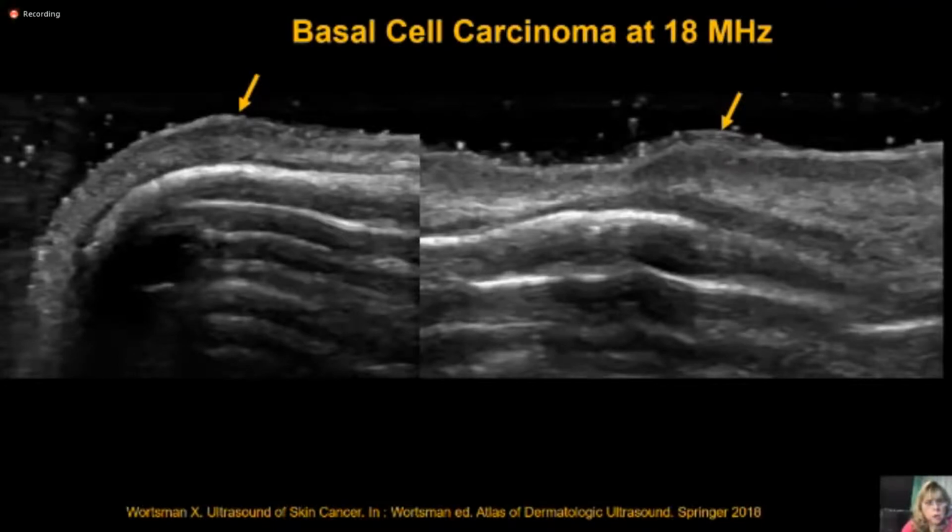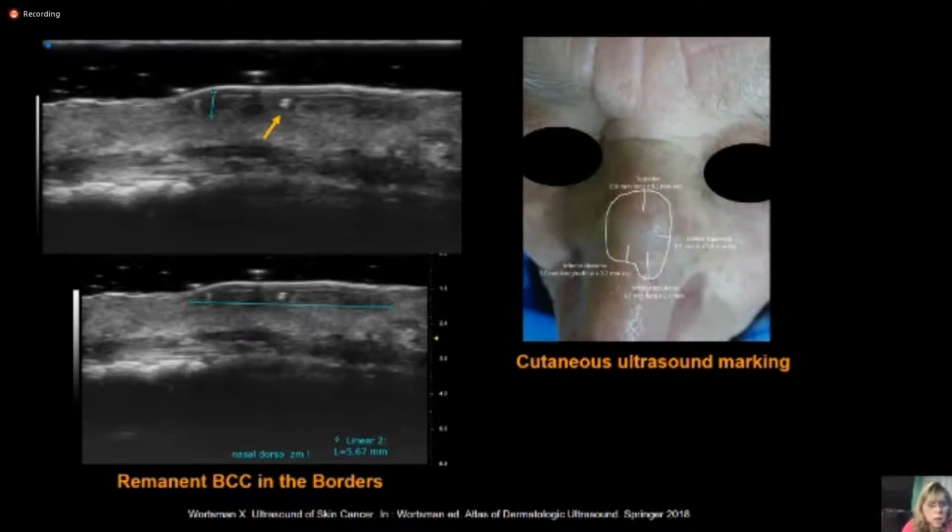And you can see the bump in the border with thickening and hypoechogenicity of the dermis. If you go to 70 MHz, you can notice now the lesion with some hyperechoic spots. In this case, we performed a cutaneous ultrasound marking of the lesion because the patient presented tumor on the borders of the lesion.